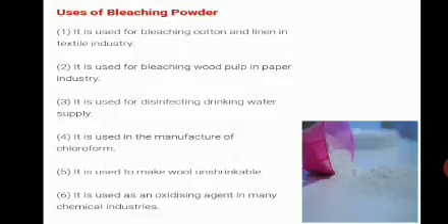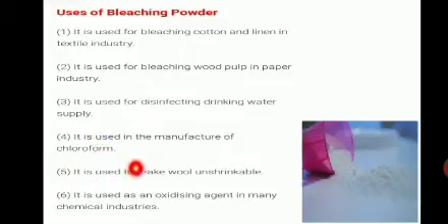It is used in the manufacture of chloroform. All of you know that the formula of chloroform is CHCl3. Chlorine is there, so bleaching powder is used in the manufacture of chloroform.